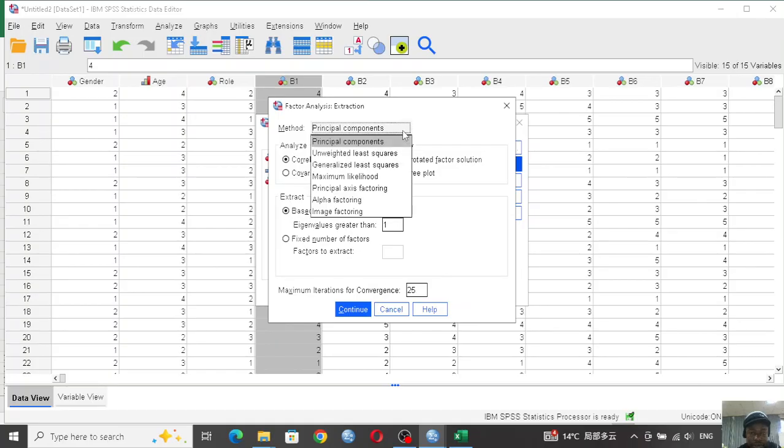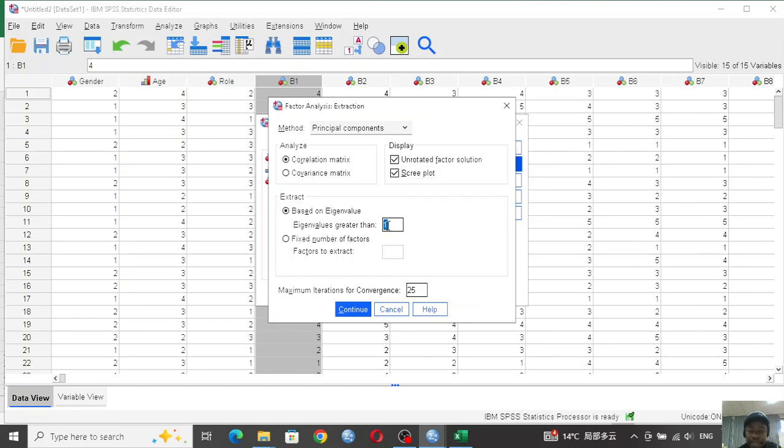If it is not, just click here and select it, but it is already there, so leave it that way. And then under Analyze, make sure correlation matrix is checked. And on the display, make sure you have the Scree plot checked.